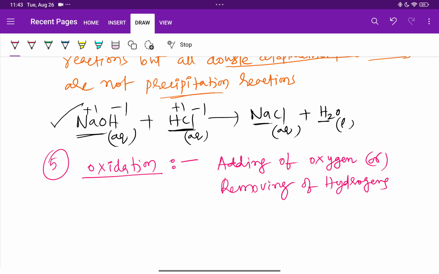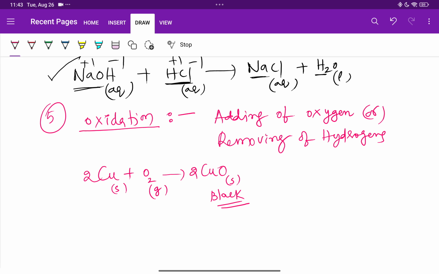One best example is copper solid heated in the presence of oxygen. Copper will turn into copper oxide. So balancing is important here. Copper oxide solid is black in color. So when you burn the copper, you will get copper oxide, which is black. Here I added oxygen to the copper. Then adding of oxygen is called oxidation.